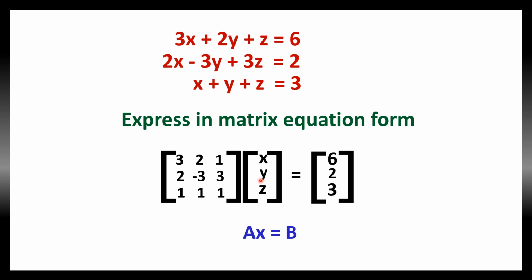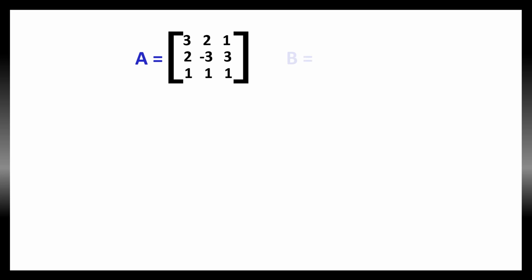And then X matrix is the variable matrix, matrix of X, Y, Z. And here the right hand side 6, 2, 3 in that order itself. So we got it in AX is equal to B form. Thus, we get A matrix and B matrix.